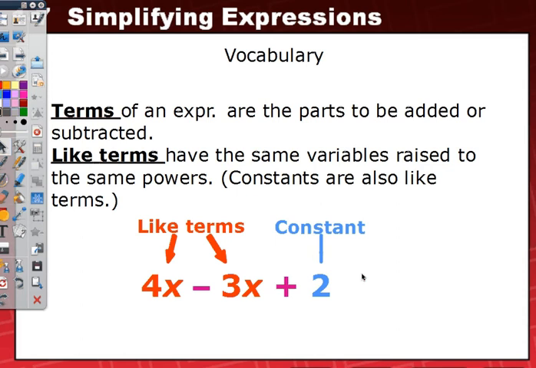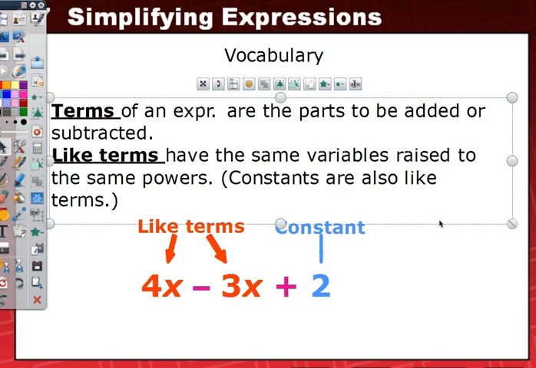Like terms have the same variables raised to the same powers, and they have to be exactly the same except for the number in front of them. Okay? So x and x squared, not like terms. Okay? X squared and 5x squared, those are like terms.